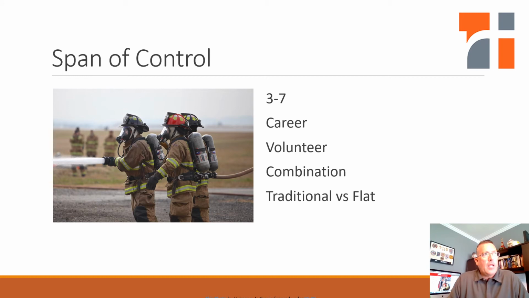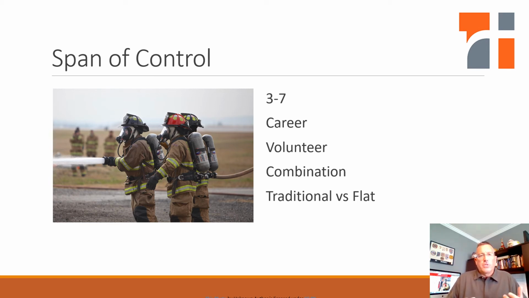Span of control. There's been a lot written about this, and there's some differences between public safety and then business and industry. In business and industry, that span of control tends to be larger. In the fire service, we all know our optimum crew size, depending on what we're doing, is anywhere from 4 to 6. So in the fire service, we tend to have a span of control of 3 to 7.